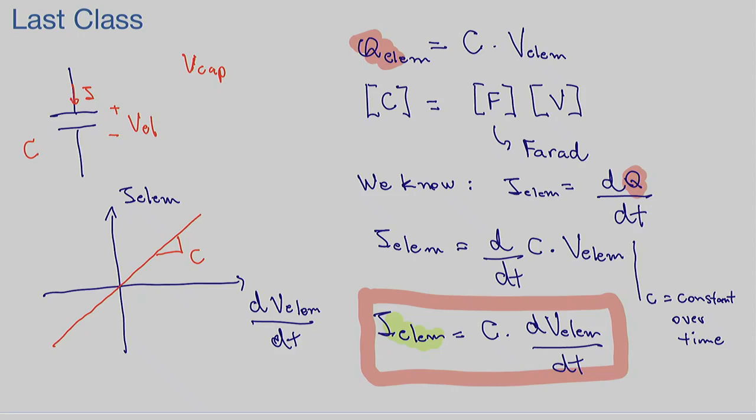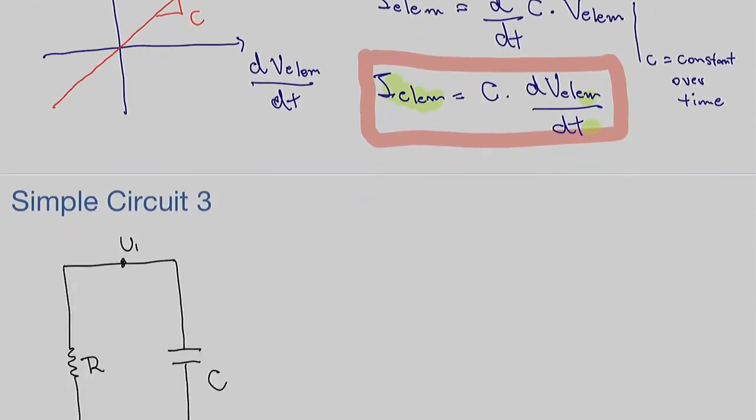On the permittivity of the material, the properties of the dielectric that you are using, if you're using a polymer versus silicon dioxide, etc. And it depends on geometrical parameters, area, and the distance between the capacitor plates, multiplied by dV/dt, which is how the voltage is changing over time.